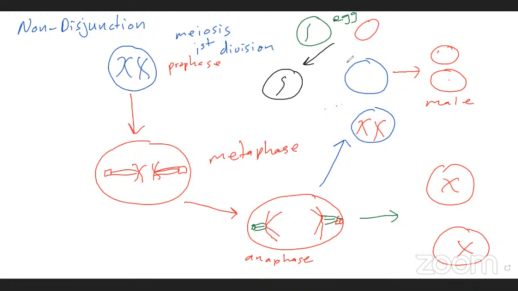So we are showing you how a cell can end up with a chromosome missing.